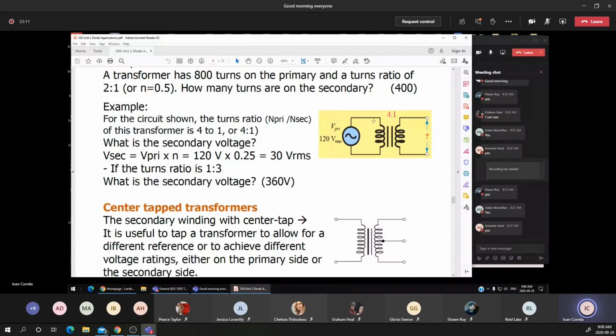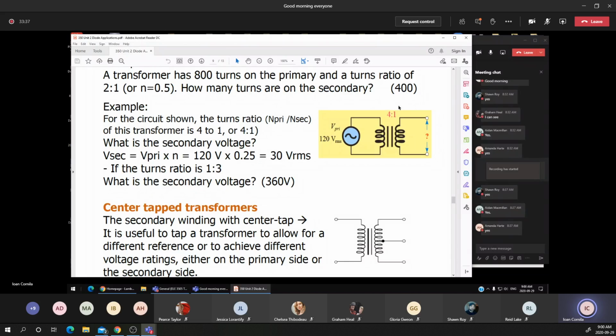Let's reverse this number. Suppose that I have a transformer that is 1:4. 1:4 means that for a single turn in the primary, I have 4 turns in the secondary. The 4:1 is a step-down transformer. For 1:4, it's a step-up transformer.